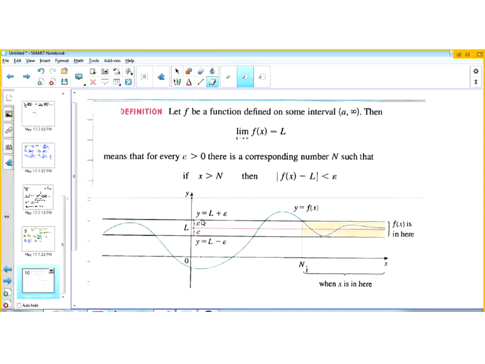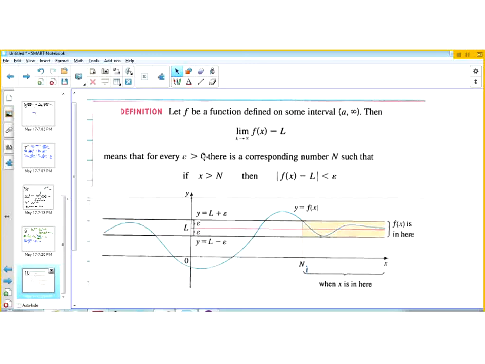All right, so the definition, the limit as x approaches infinity, equaling a number. The first criterion is the function has to be defined on some interval, a to infinity. In other words, it has to be defined as x approaches infinity so that we can achieve a numeric output.